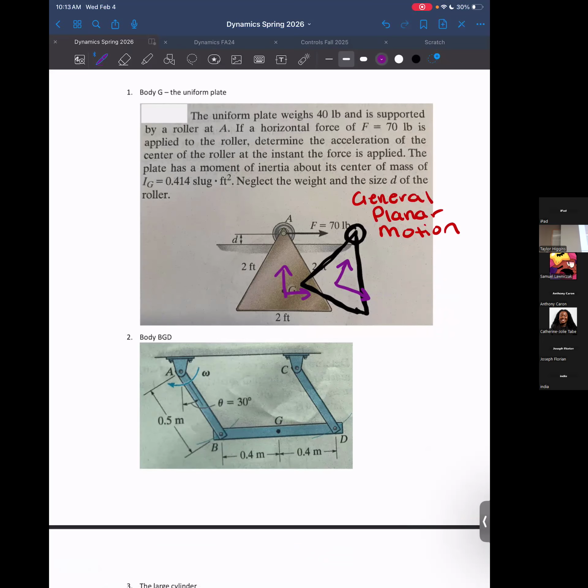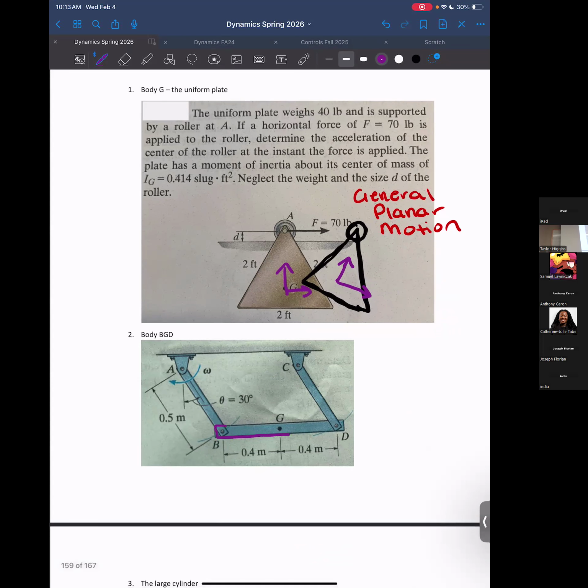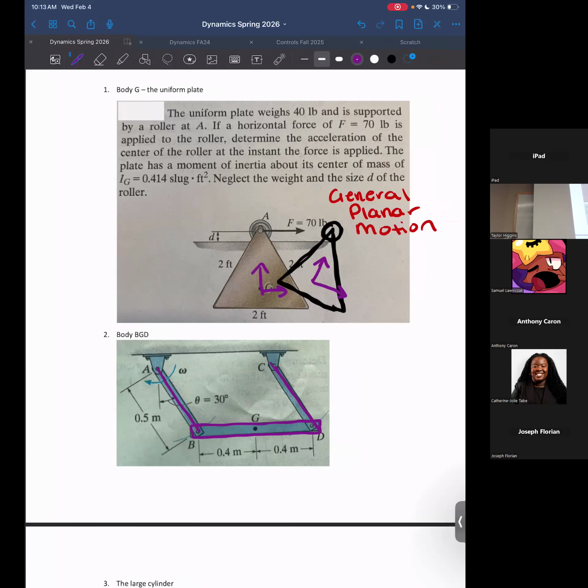Pure translation. Interesting. Some people get this one mixed up with fixed axis rotation, but it's not. There's no opportunity, because these are rigid links holding it to the ceiling, for one side of this object to be any higher or lower than the other side.